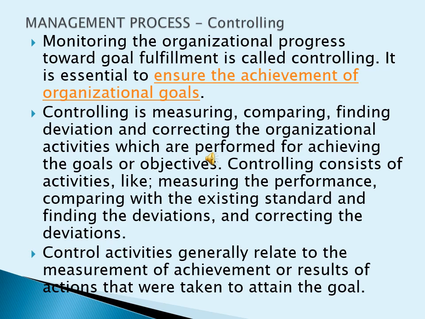So the activities of controlling are measuring the performance, comparing the result with the existing standard, finding the deviations and correcting the deviations. So controlling activities are generally related to the measurement of achievement of the goal.